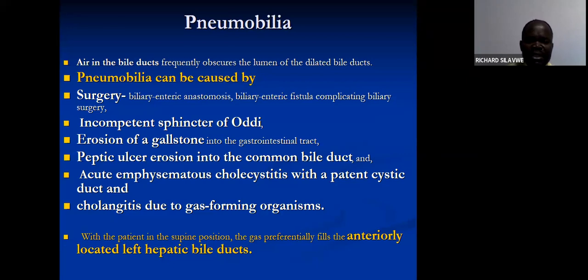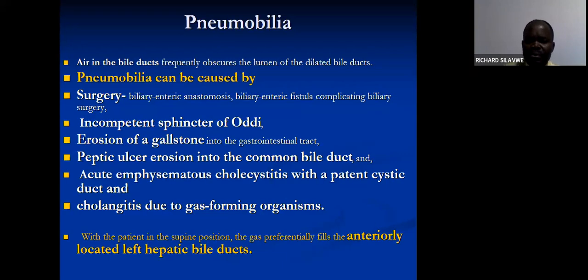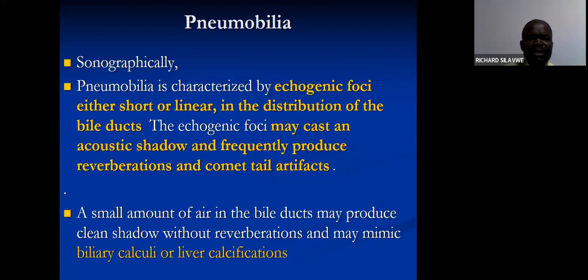With the patient in the supine position, the gas preferentially fills the anteriorly located left hepatic bile duct. So you'll be able to see the gases in the duct. Sonographically, pneumobilia is characterized by echogenic foci, either short or linear, in the distribution of the bile duct.